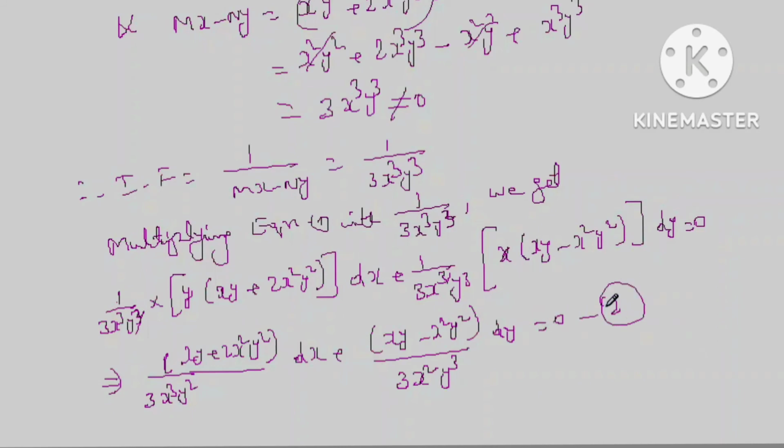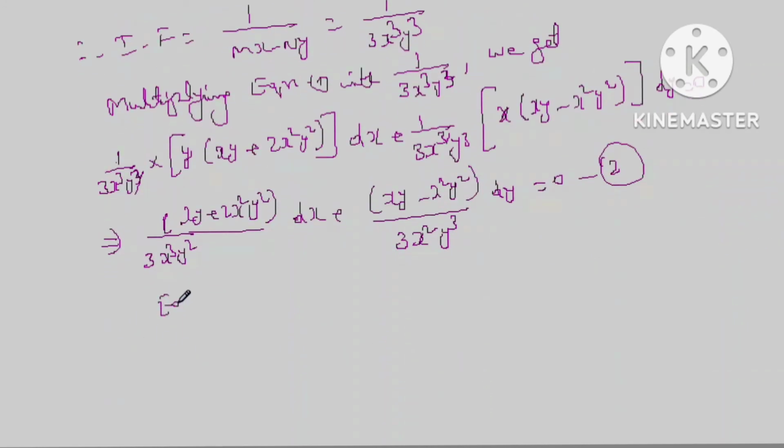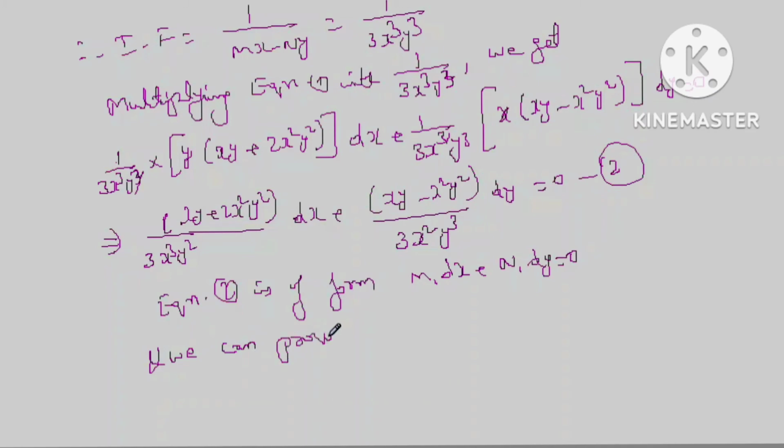Now equation 2 is of the form m1 dx plus n1 dy is equal to 0, and we can prove that equation 2 is exact.